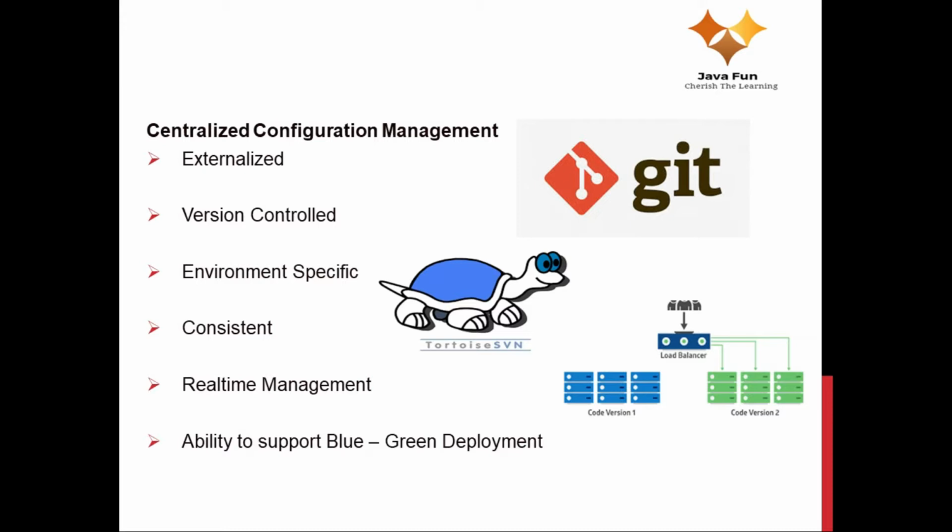Since the properties are backed by version control, I can run version 1 on one particular branch of properties, and version 2 on another branch. By that way I can maintain two different copies of my properties file, and services will be running on two different values, right?